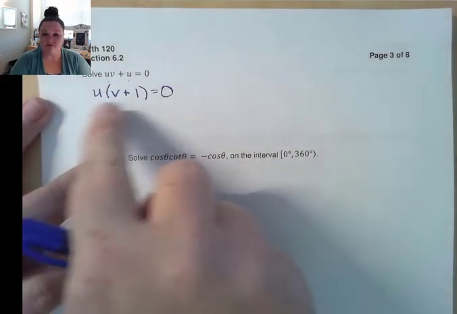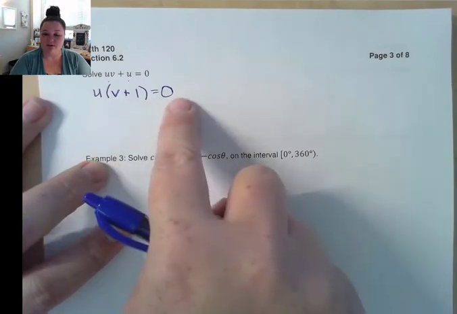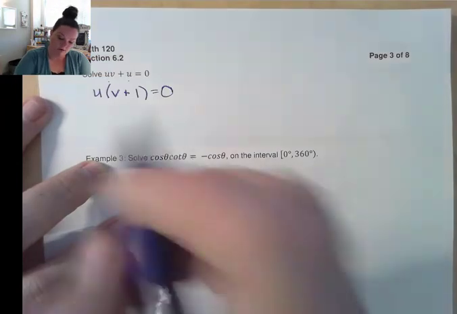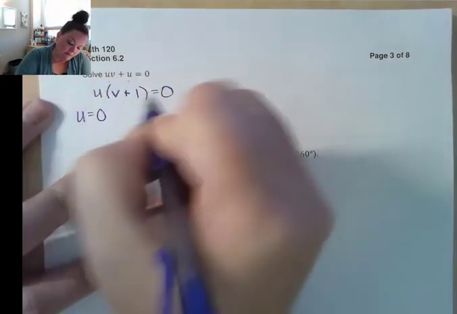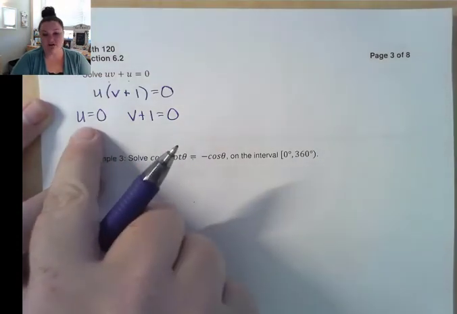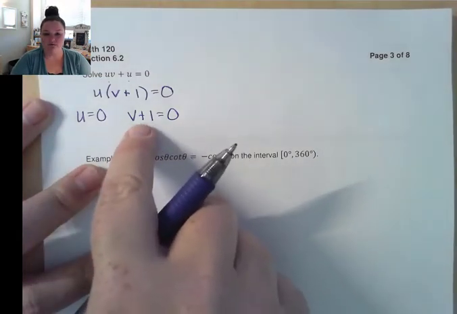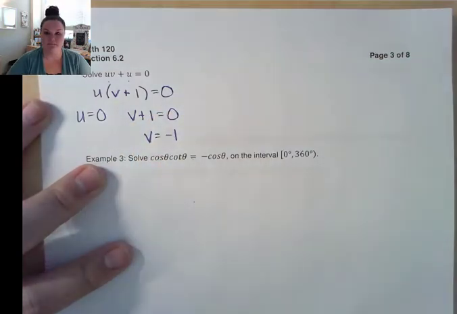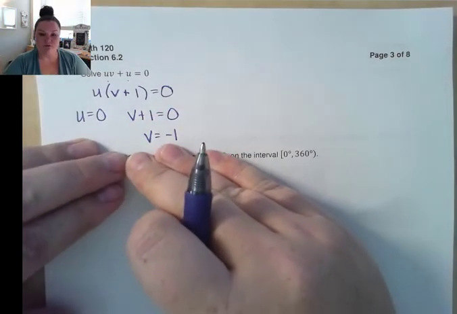And then once I have something fully factored and it's equal to 0, the way that I solve is that I just set each factor equal to 0. So this would mean u equals 0 or v plus 1 equals 0. And then this one's already solved. This one I would then have to move the 1 over. So that would tell me that v equals -1, right? Okay, so that's my algebra review.